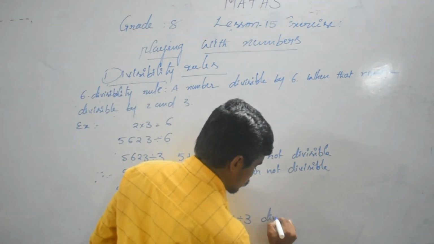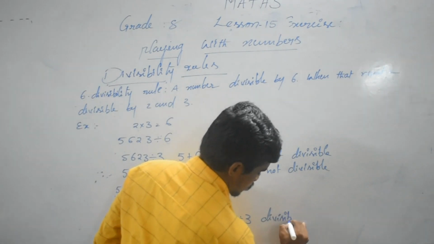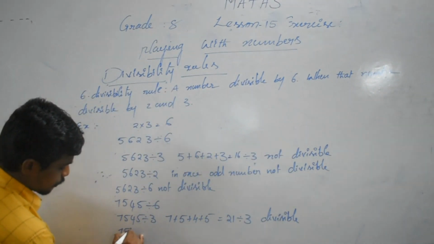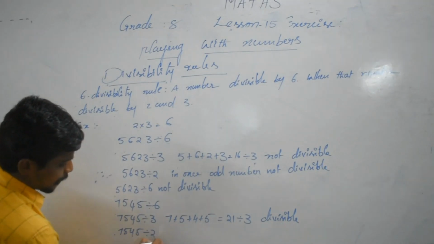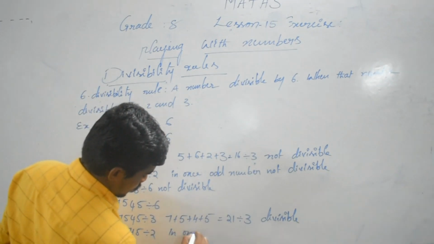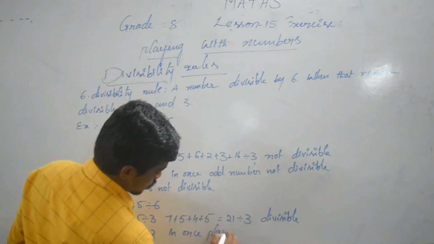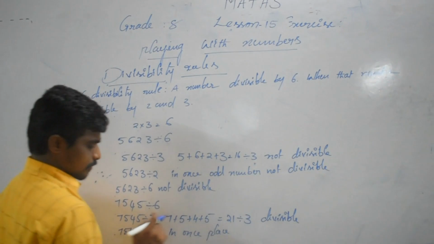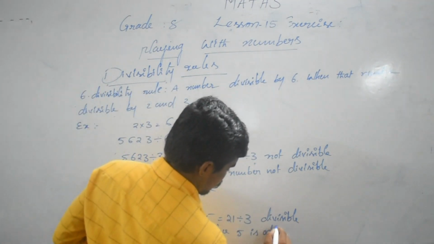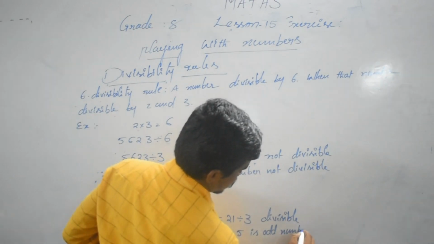Divisible. Next one, 7545 divided by 2. So in ones place which number? Here 5 is an odd number, not divisible.